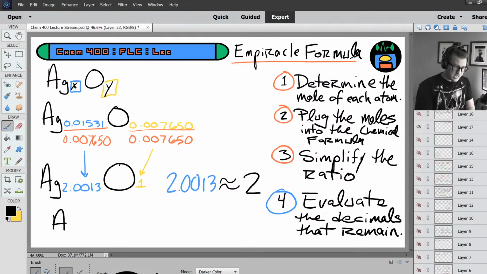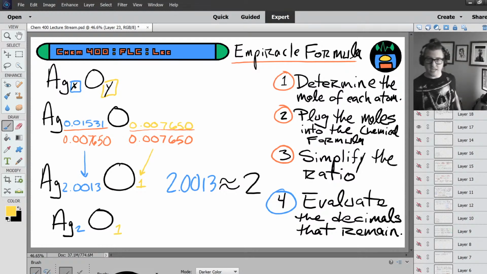Because at the end of the day, your empirical formula needs to be a simple whole number ratio, but also at the end of the day, no data set is perfect, right? Data is flawed. There's errors that are made in collecting it. There's errors that people who are carrying out the elemental analysis may make. There's limitations to the scales of measurement, etc. So your numbers will never come out pristine.